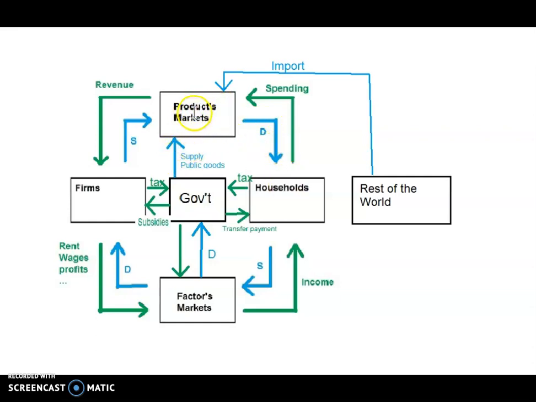On the other hand, we export goods to the rest of the world. Exports are the demand for our products. We sell to the other country, right? They come to our market and buy our goods.